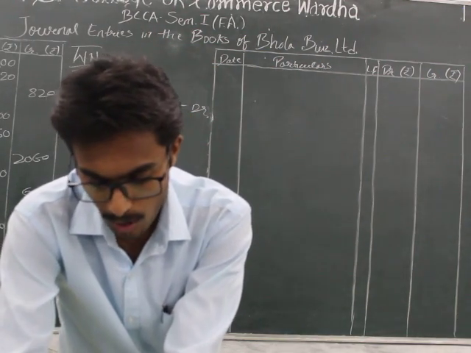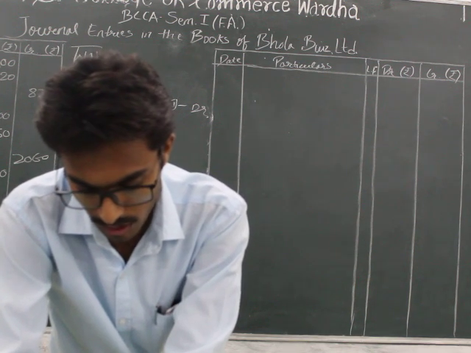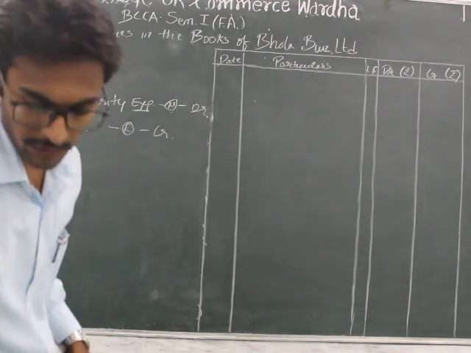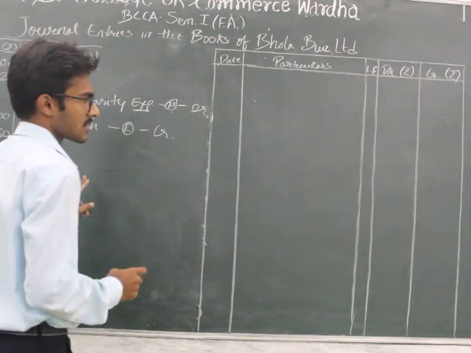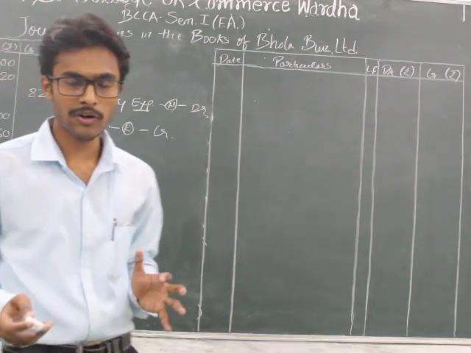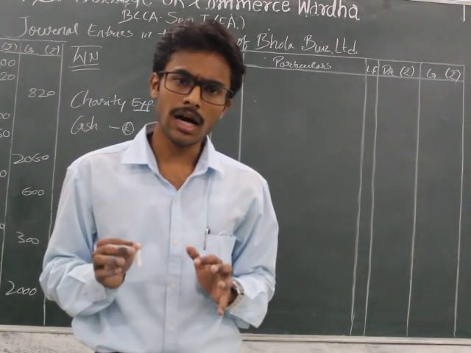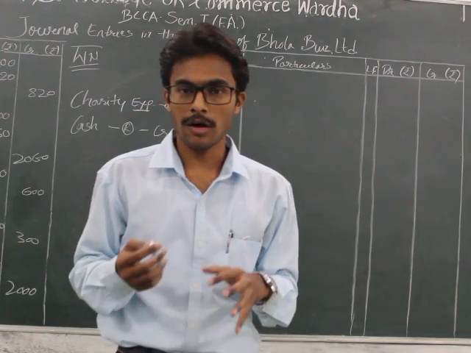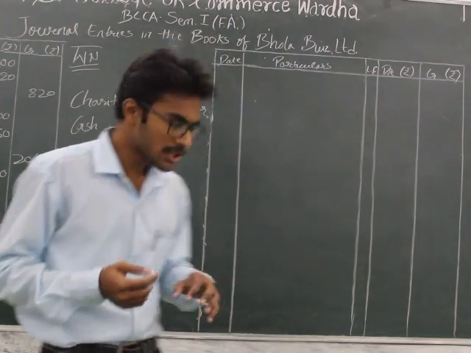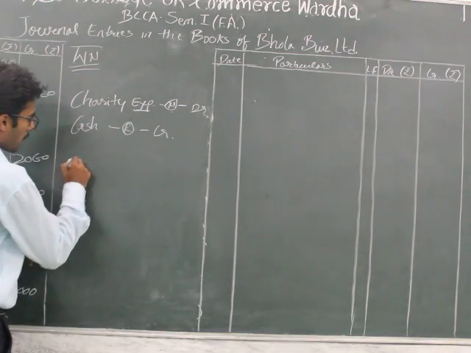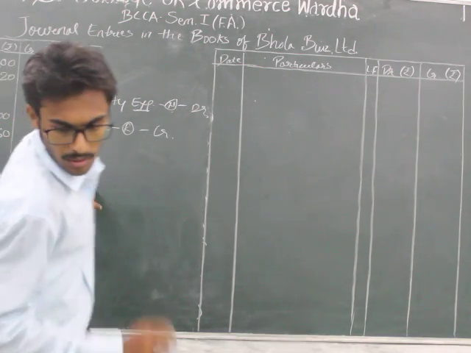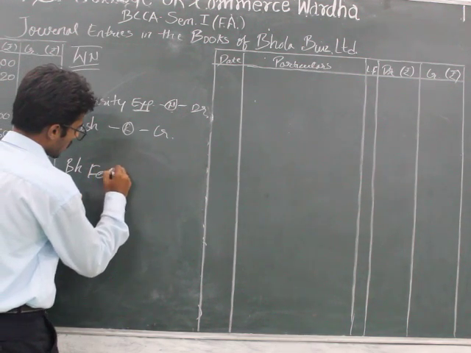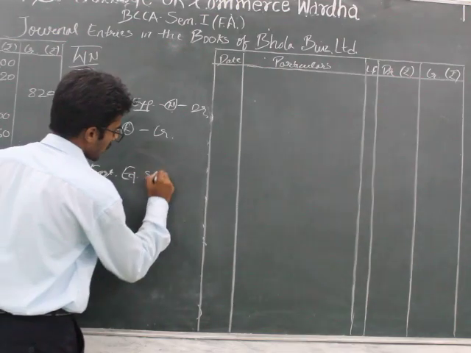14th entry is bought equity shares of Bharat Fertilizers. So what is an equity share of Bharat Fertilizers? That all is investment for us. We are investing in equity shares of someone. Investment means again Bharat Fertilizers equity share.